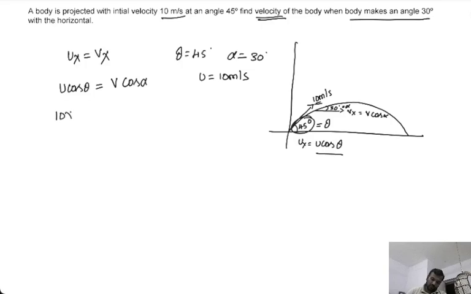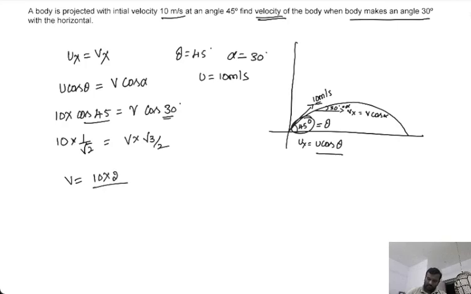So 10 into cos 45, which is 1 by root 2, is equal to v cos 30, which is root 3 by 2. Then you write v is equal to 10 into 2 divided by root 2 into root 3.